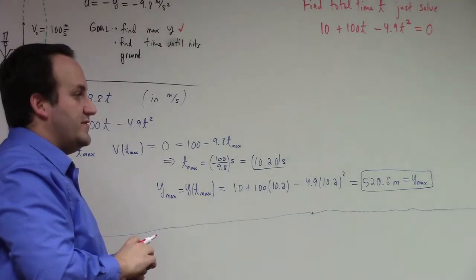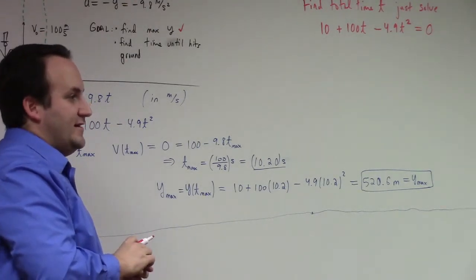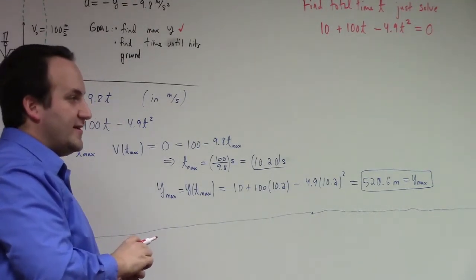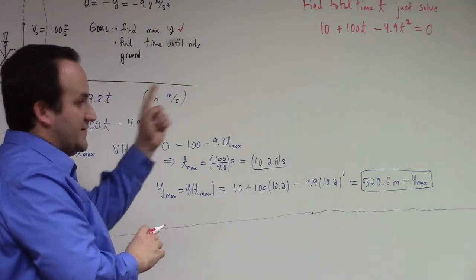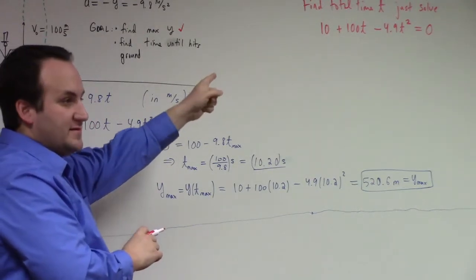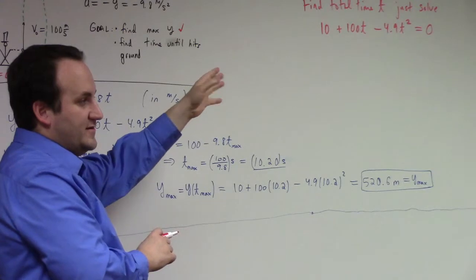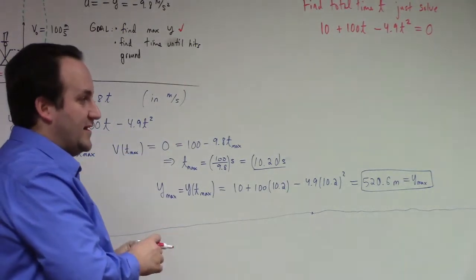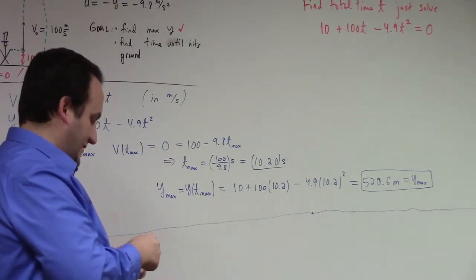You're like, oh no, sometimes I can solve that kind of equation and sometimes I can't. Incorrect. This is a quadratic equation. We own these, right? You can solve any quadratic equation with the quadratic formula.